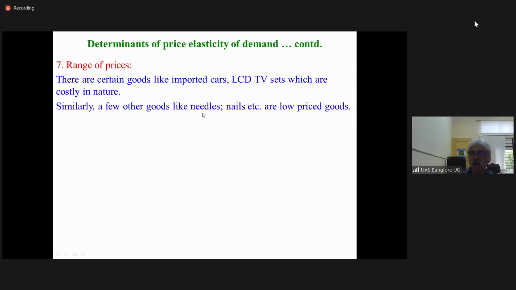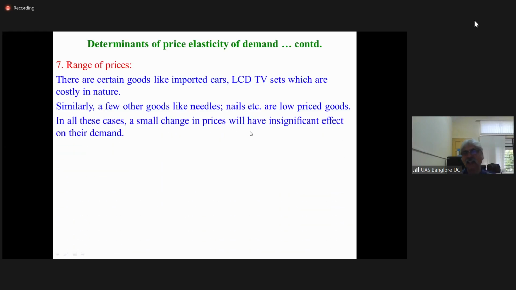Similarly, there are a few goods like needles, nails, etc., which are low priced goods. What do you expect in case of imported goods which are very costly and those goods which are very low priced? In both the cases, it will be inelastic.